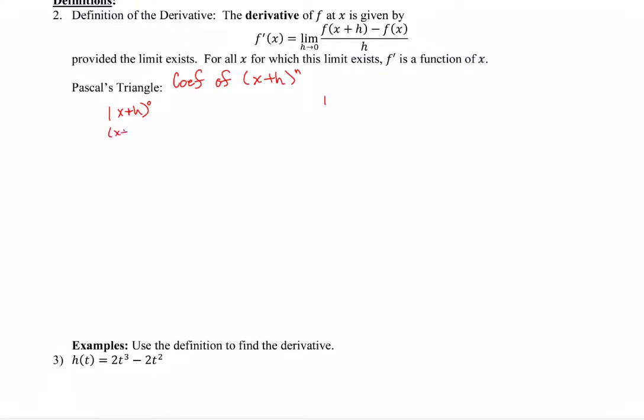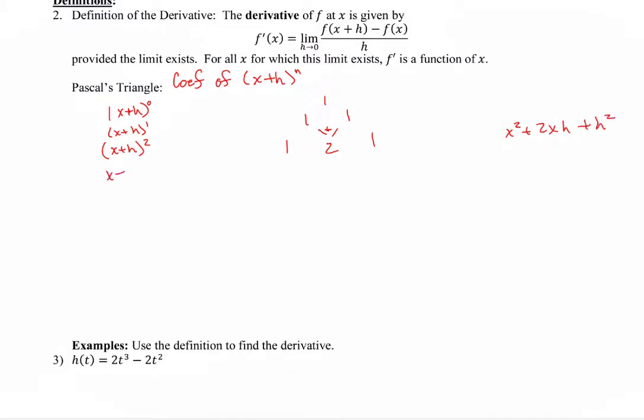If I have x plus h to the first, those coefficients are 1 and 1. If I have x plus h squared, it's 1, 1 plus 1 is 2, and then 1. And that would be written as x squared plus 2xh plus h squared.